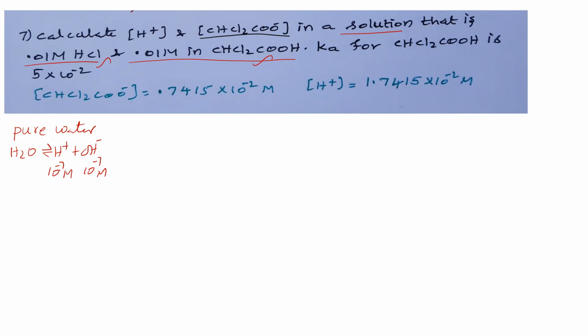If the temperature is not given, consider 25 degrees Celsius. Now to this we add 0.01 mole of HCl, then add 0.01 mole of CHCl2COOH, dichloroacetic acid, and make the resultant solution.